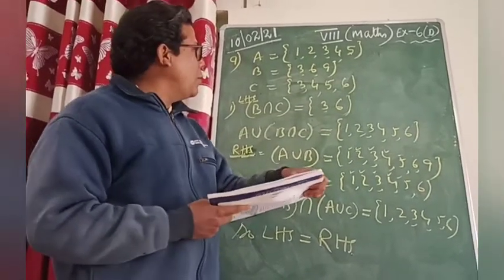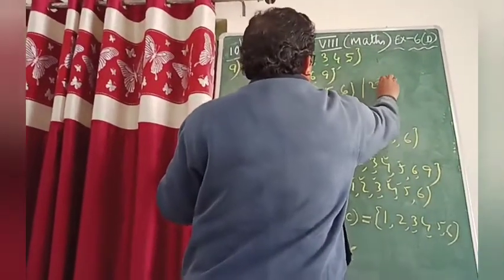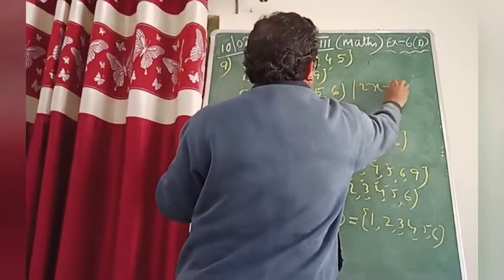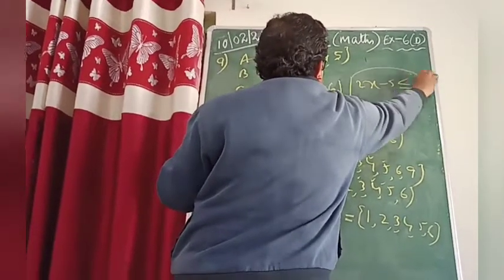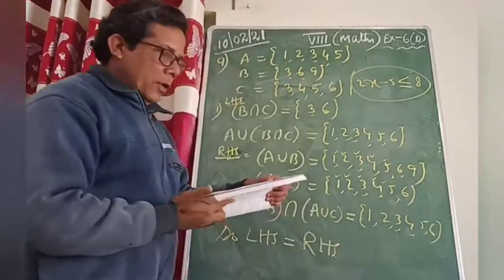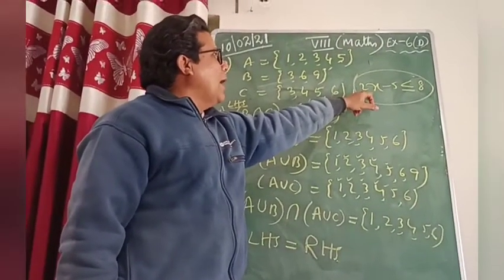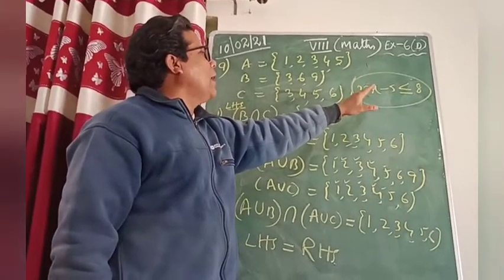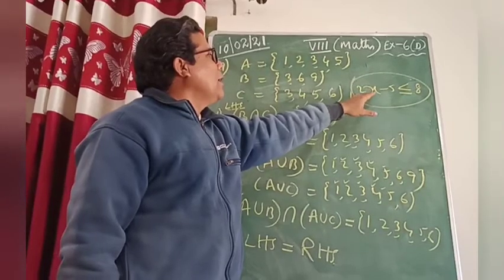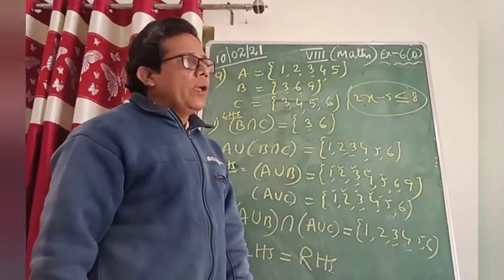And then they have given an equation: C equal to 2x minus 5 is less than or equal to 8. That means x is represented by natural numbers, and you have to take only those natural numbers for which, after doing the calculation, you get a value less than or equal to 8.